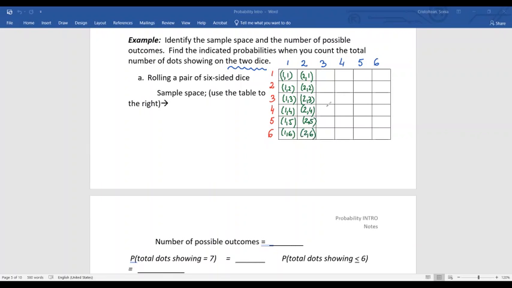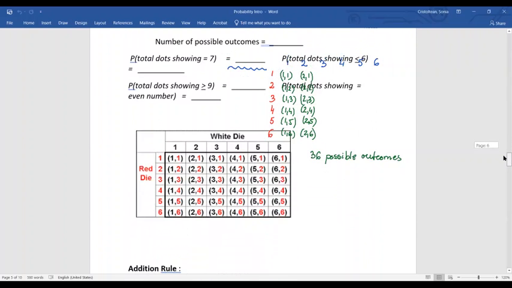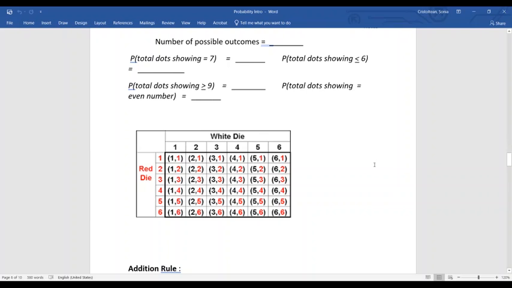It takes some time to do it by hand, okay? But after you have this, you can figure out how many total pairs you have, and you will see that actually you have 36 total pairs. And I will scroll down and show this to you. You can find these images on the internet if you don't want to do it on your own, but here it is, okay? And now let's see how do we use this to answer some questions.